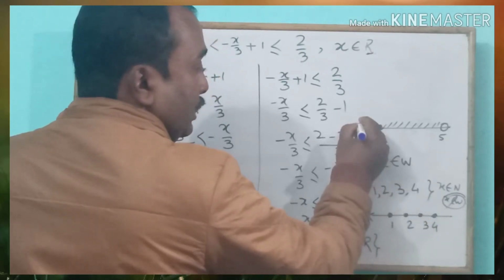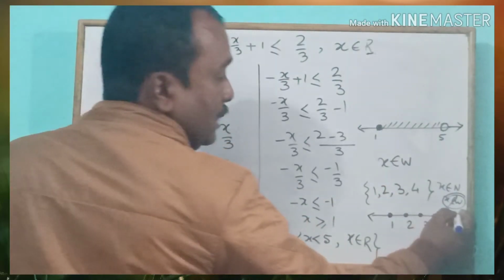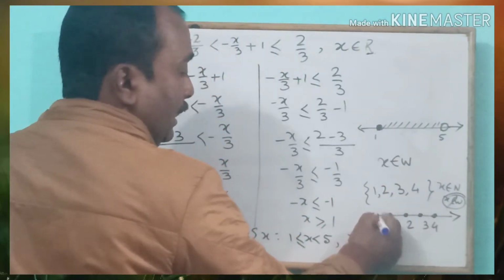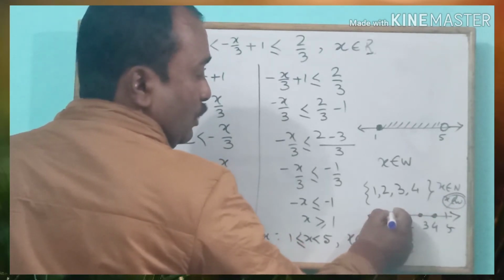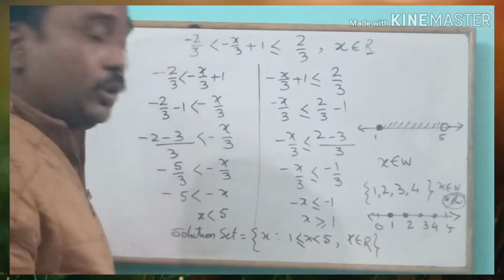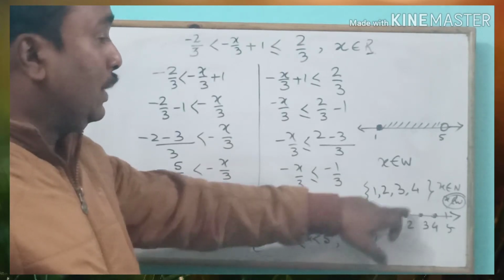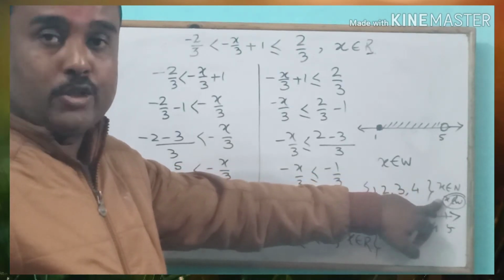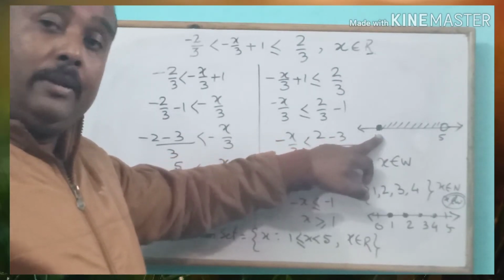Obviously arrows should be given on both sides, because the number line carries on both sides. And here you can write 0, here you can write 5. But these particular points should be darkened properly to show that they are the solution of that set. This is the solution when x belongs to natural numbers, and this is the solution when x belongs to real numbers.